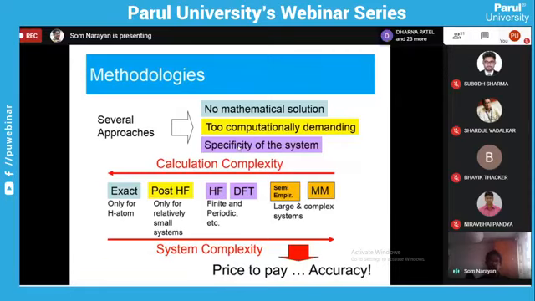So we have to pay a price. It means if we use the quantum mechanical approach for getting accurate results, we have to pay a higher price, in the sense of time and computational cost. There is no general mathematical solution available for that. It is too computationally demanding, and it can be used only for specific systems. So, specificity of the system.